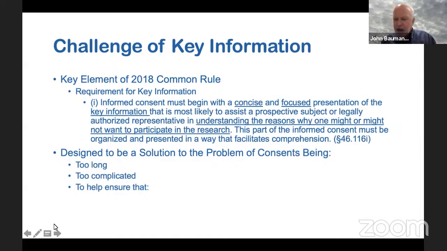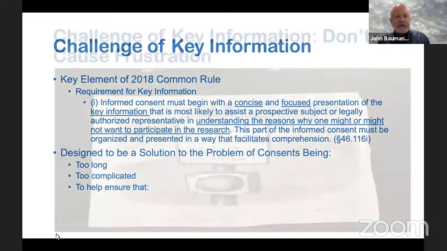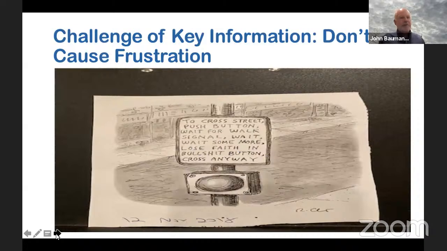One is that potential subjects found a 33-page consent form to be very complicated, very long, confusing, and in fact, frustrating. So one of the purposes of the concise summary was to avoid this. Basically, to cross the street, push the button, wait for the walk signal, wait some more, lose faith in the button and cross anyway.